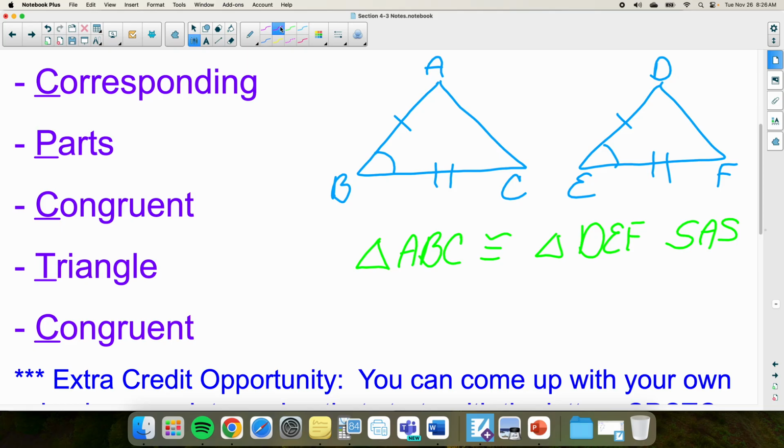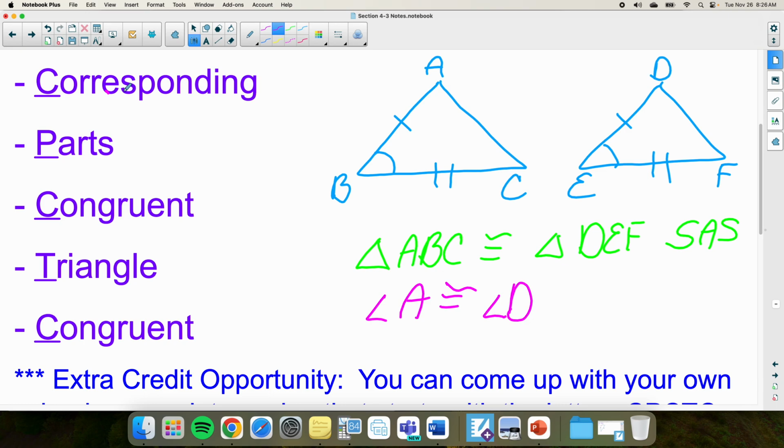Once you show these triangles are congruent, you could say AC is congruent to DF, or you could say angle A is congruent to angle D, or you could say angle C is congruent to angle F. And how these proofs are different, they would ask you to prove a set of sides are congruent or a set of angles are congruent. So let's say that they wanted us to say angle A is congruent to angle D. The reason for that is called corresponding parts of congruent triangles are congruent.